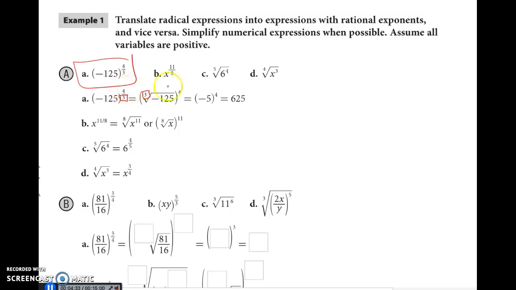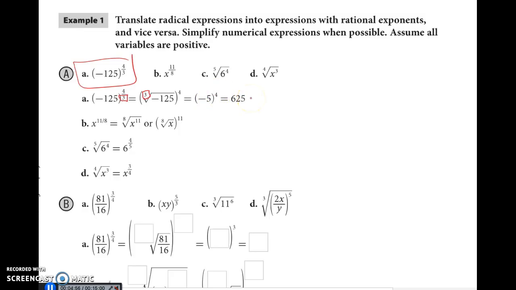And this 4 can go on the outside or on the inside, and in this case they put it on the outside because negative 125 to the 4th power would be a really, really big number. The cube root of negative 125 is negative 5, and then negative 5 to the 4th power is 625.